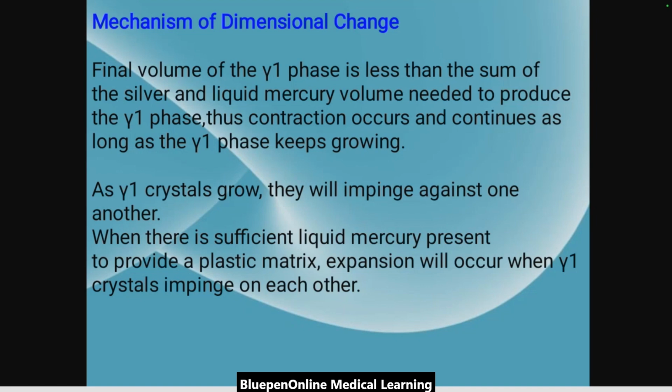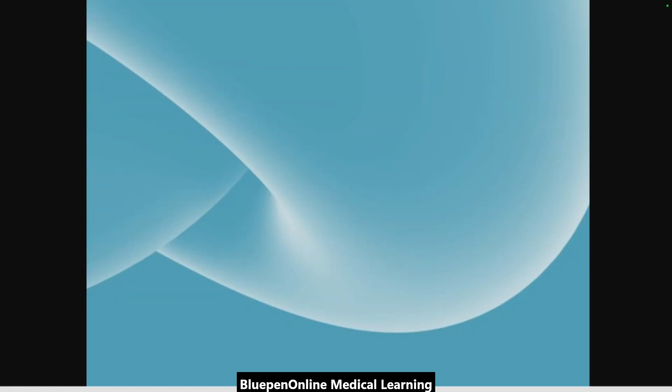In that case, gamma 1 crystals will still impinge on each other, there will be an outward thrust of these gamma 1 crystals, and expansion can be seen. So basically it is in the gamma 1 phase that all the changes occur, either contraction or expansion, because gamma 1 phase is the matrix phase. This is the mechanism of dimensional change.